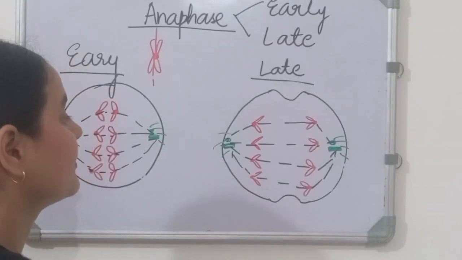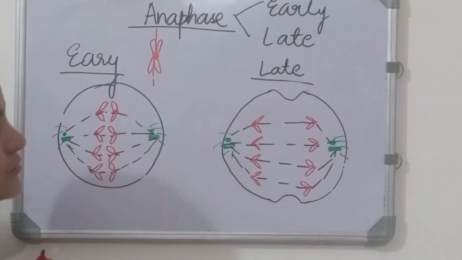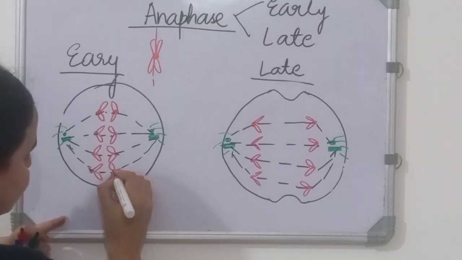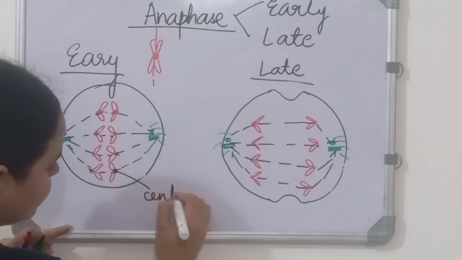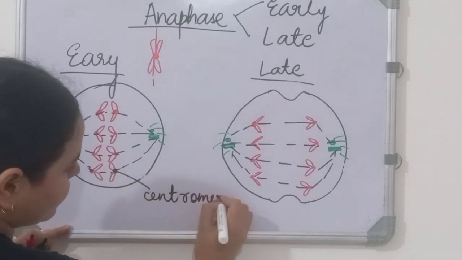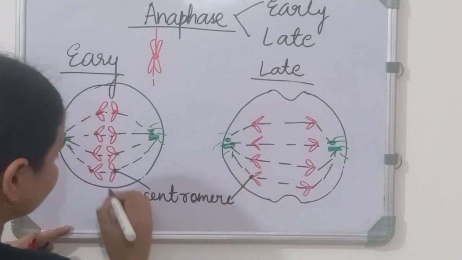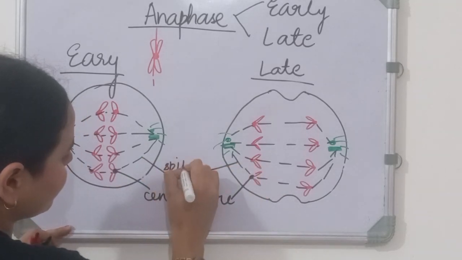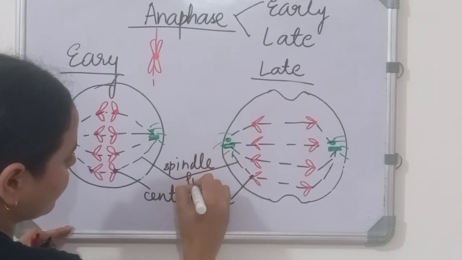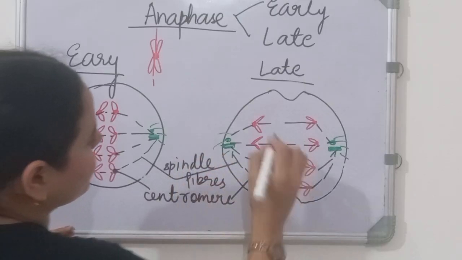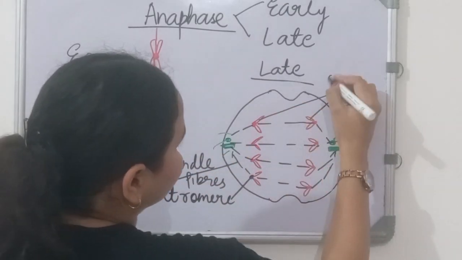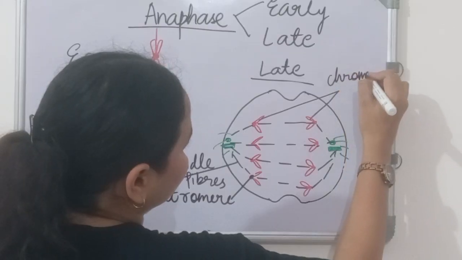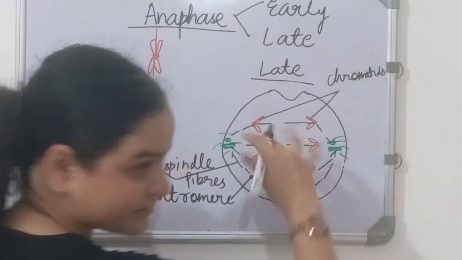Now let's do the labelings. So this is the centromere. These are our spindle fibers. These are our chromatids, which have now separated.